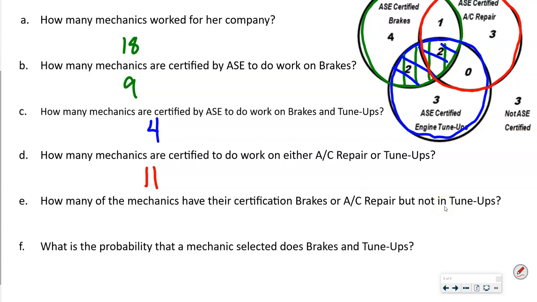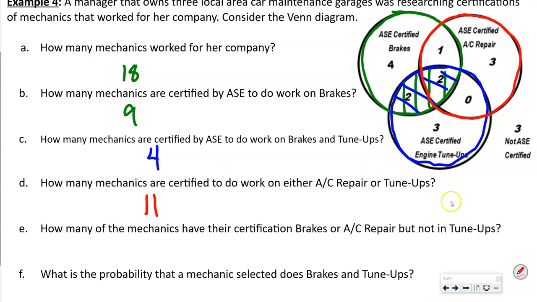Then it says how many of the mechanics have their certification for brakes or AC repair, but not tune-ups, okay? So we want brakes or AC repair. So brakes is here and AC repair is there. So we're looking at everything that's in this circle, but not tune-ups, right? So we're going to count now the numbers that are up here.